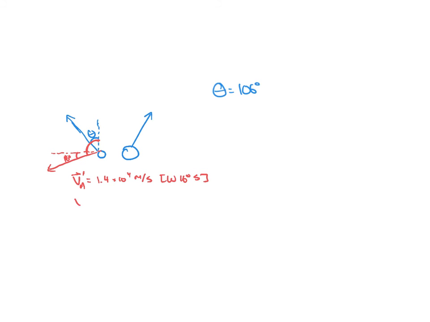The velocity of my other particle, they gave 6,928, so with sig figures, 6.9 times 10 cubed meters per second. That one, we were told it goes north 30 degrees east. And that's it. That would be the answer to this.